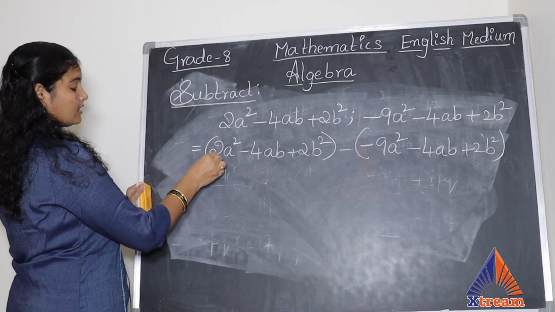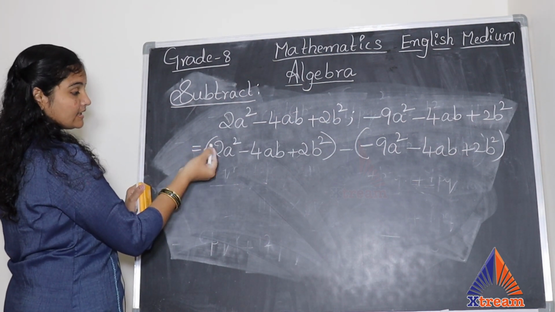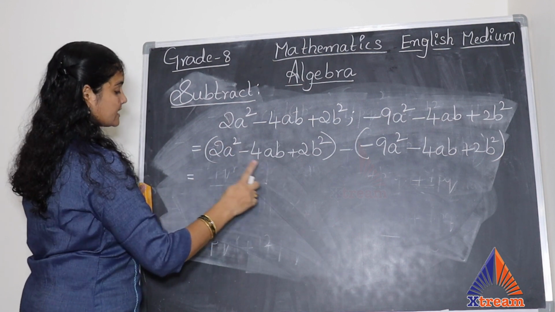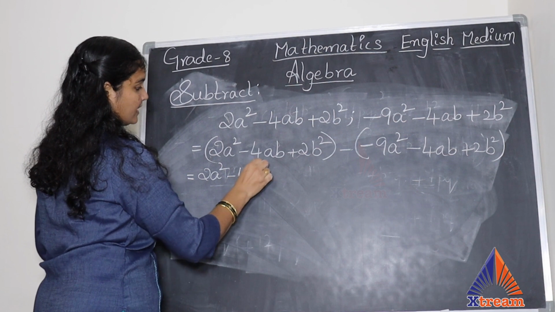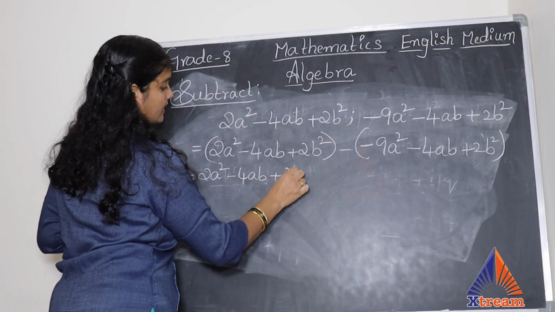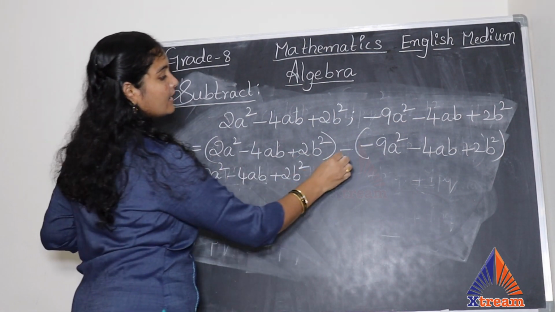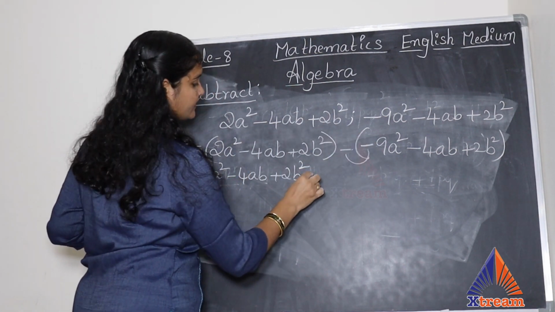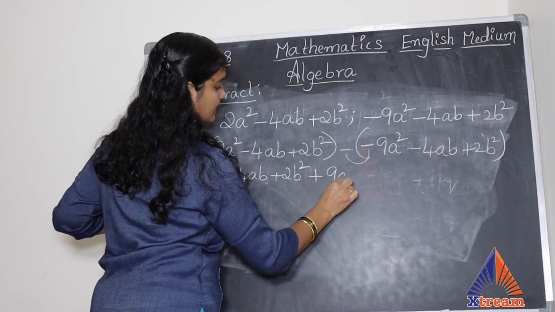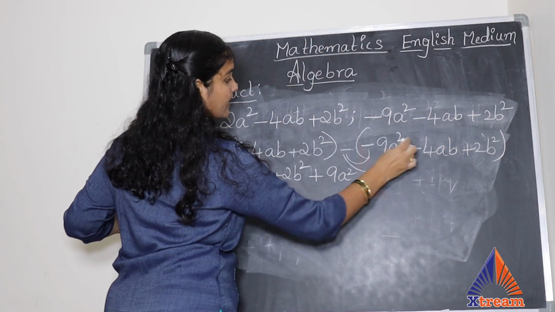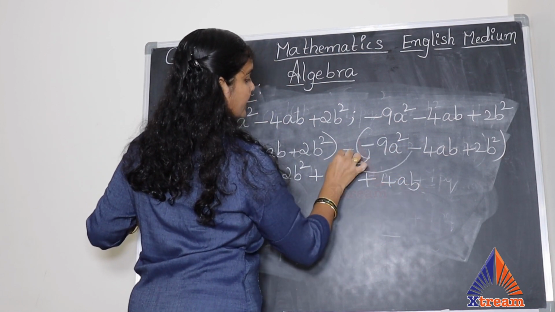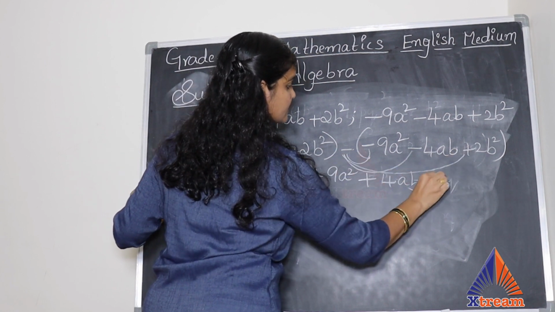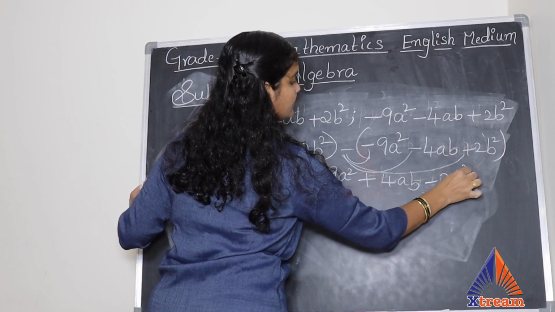This expression has nothing before it, so it comes as it is out of the bracket. 2a square minus 4ab plus 2b square, minus of minus gives us plus 9a square, minus of minus again plus 4ab, minus of plus gives us minus 2b square.